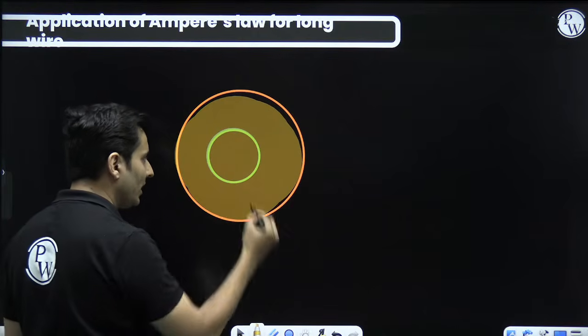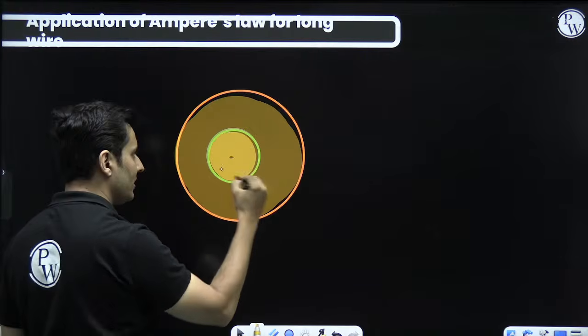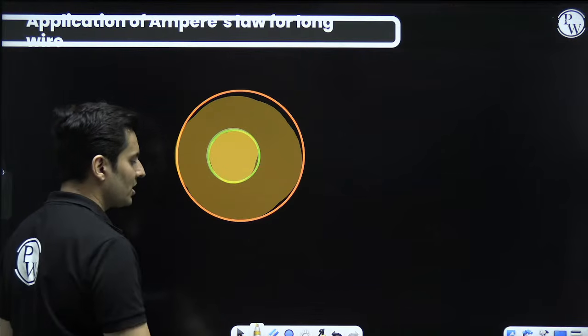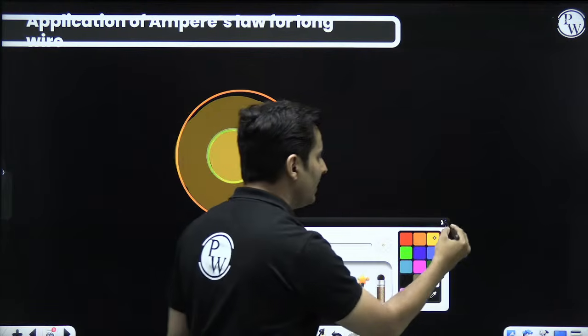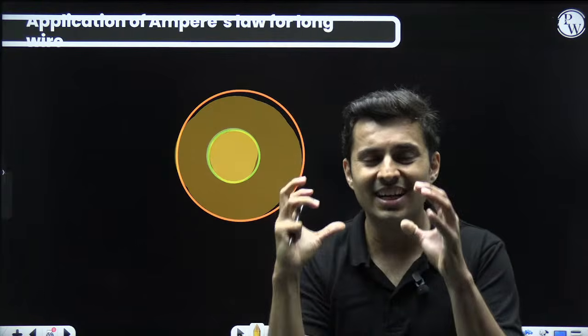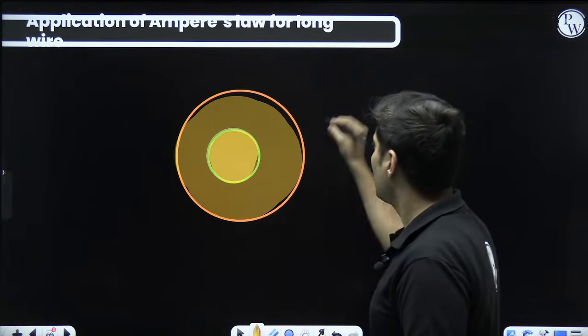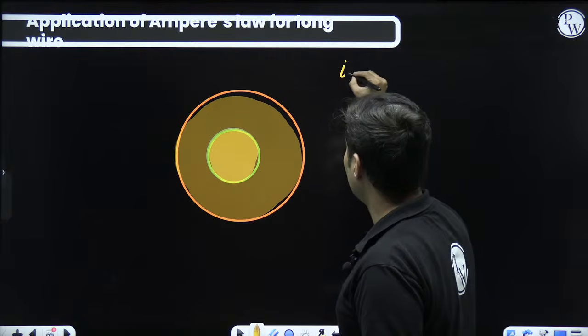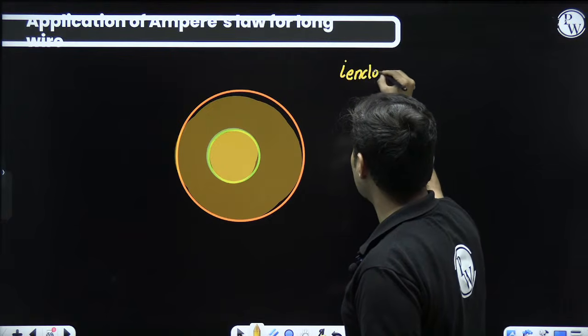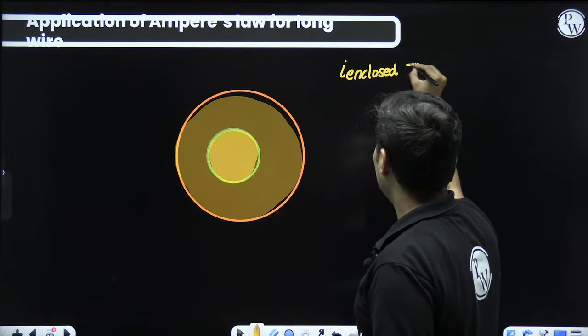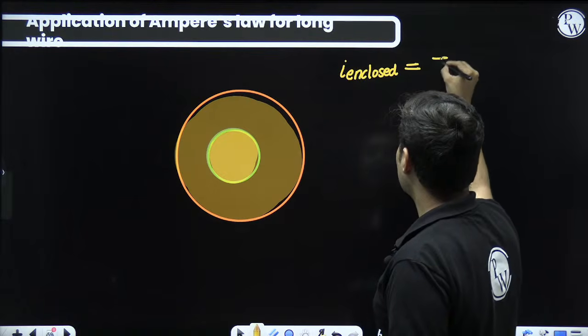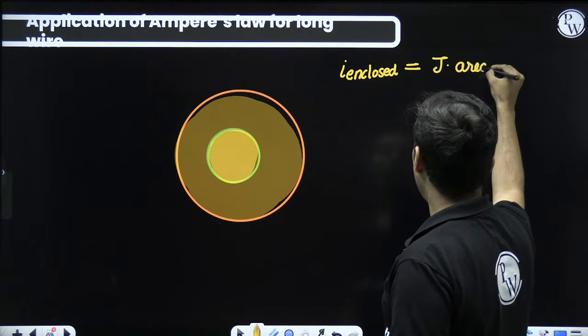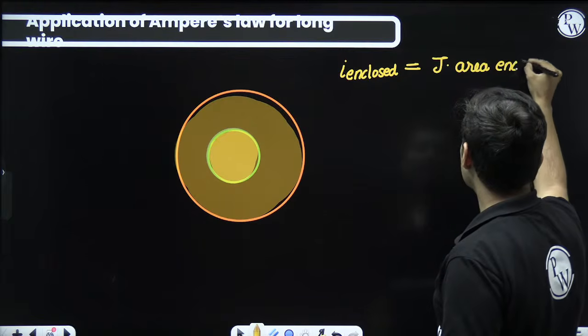So the actual current enclosed here is only so much, and that, my dear, will depend on how much is the current density. So the current which is enclosed will be the current density multiplied by the area which is enclosed.